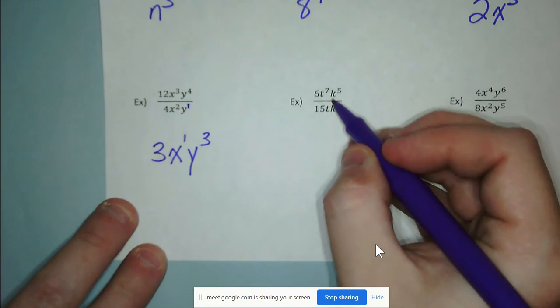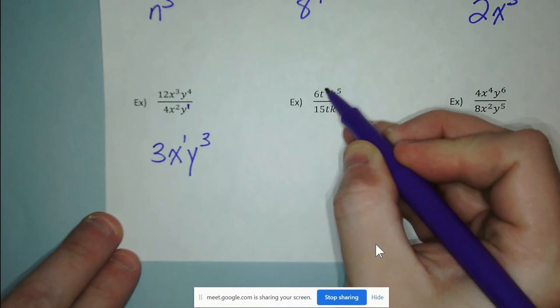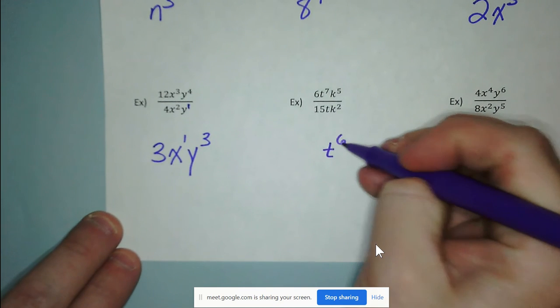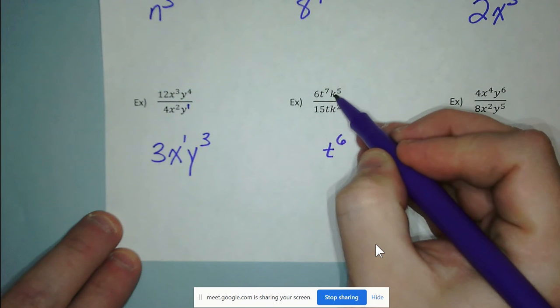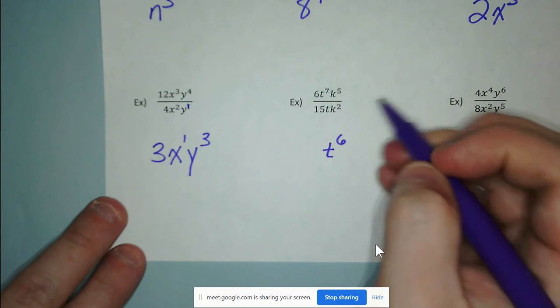Now obviously the t's, t to the 7th over t, that's going to be t to the 6th. K to the 5th over k to the 2nd.